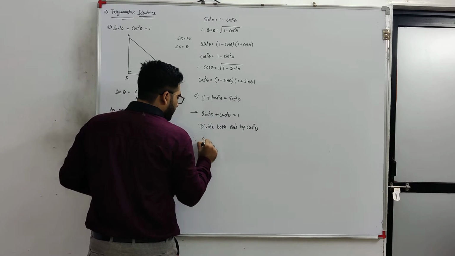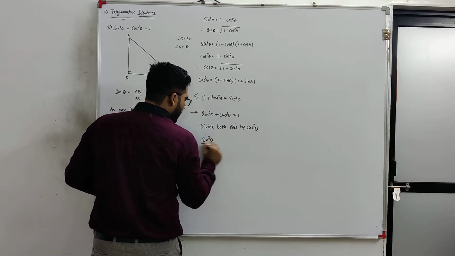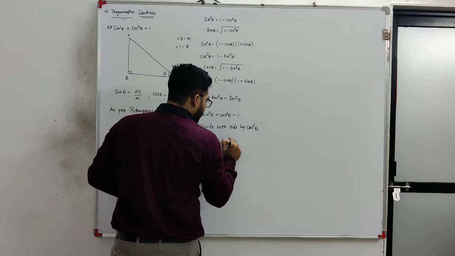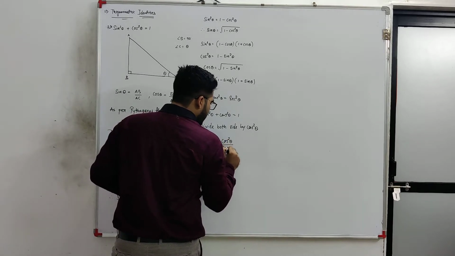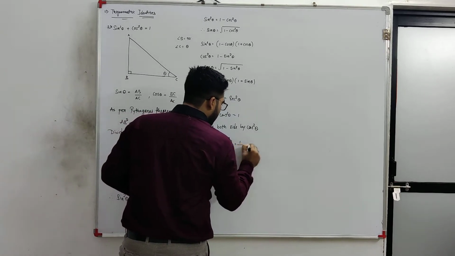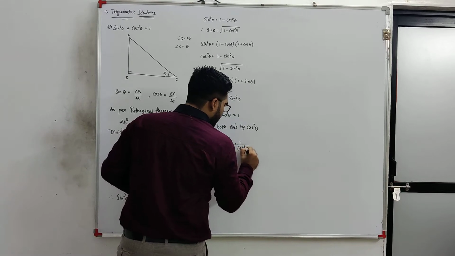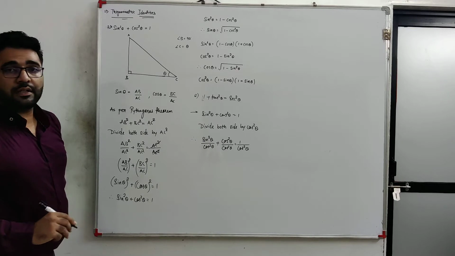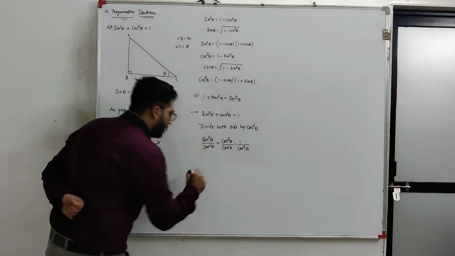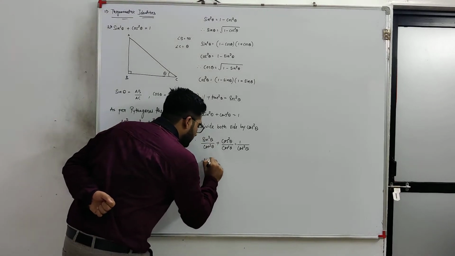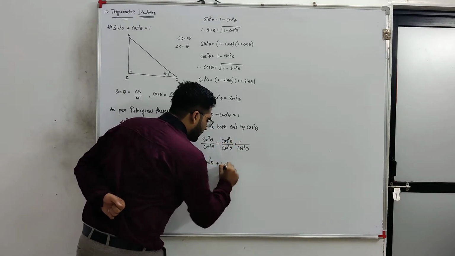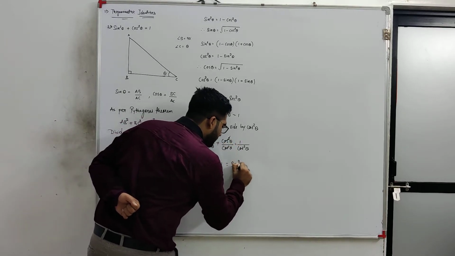Therefore sin square theta by cos square theta plus cos square theta by cos square theta is equal to 1 divided by cos square theta. Sin by cos becomes tan, so it is tan square theta. Here the cos square terms cancel, so 1 plus tan square theta is equal to sec square theta.